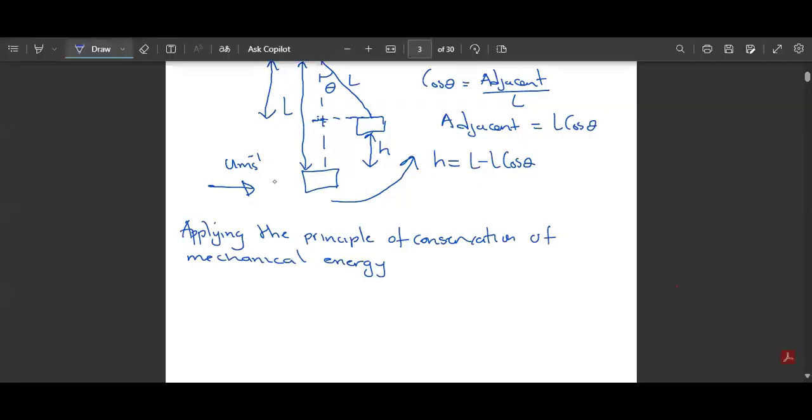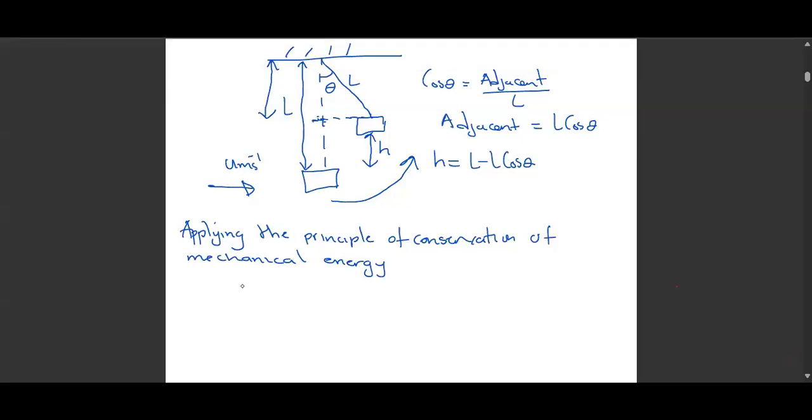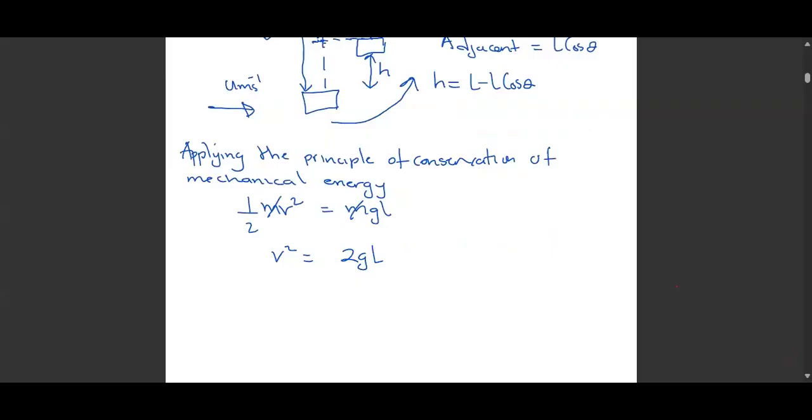So our initial KE, which is given by half mv squared, where this v is standing in for the common velocity of the block and the bullet, is going to equal mgh. So m is going to cancel out. We shall come up with v squared equals 2gh.